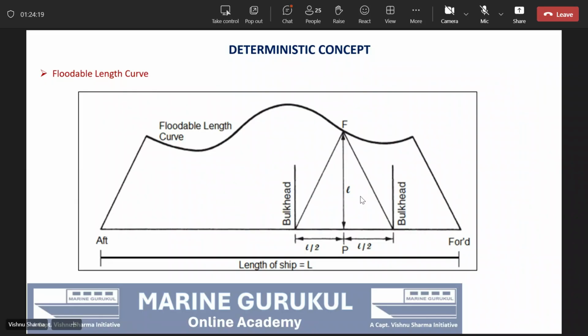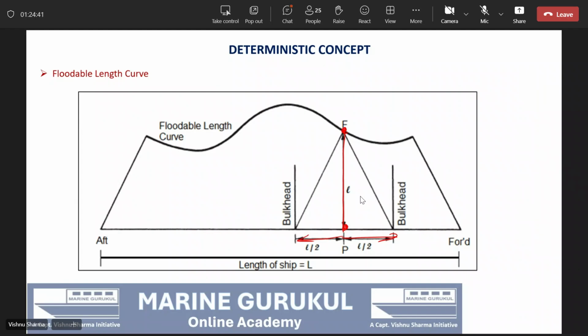What is a floodable length curve? This is what you had seen a while back. Now, if you take point P, guys, at point P, this is the maximum floodable length. What does it mean? Half of it will be on this side, half of it on this side. Point P will be the center of this.